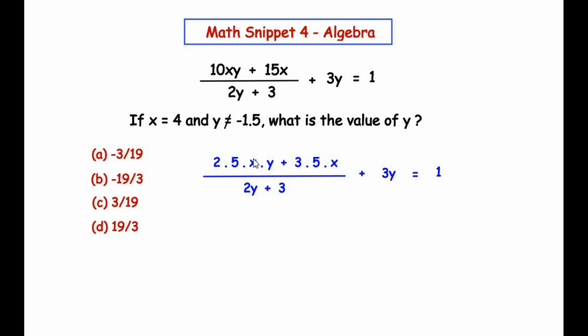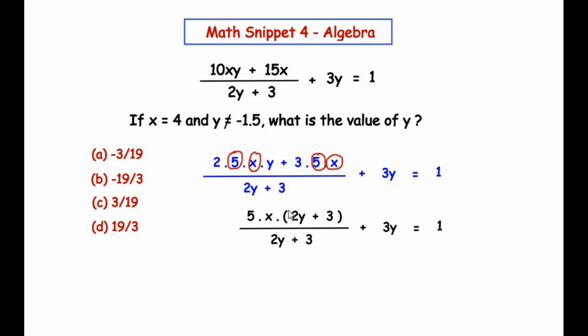Now in the numerator, 5 is a common factor from the first term and from the second term, and x is also a common factor, so let us circle it out and we are going to pull out these common factors out of these two terms this way. So 5x is being taken out and inside the bracket we have the remaining terms, that is from the first term we have 2y and from the second term we have plus 3.